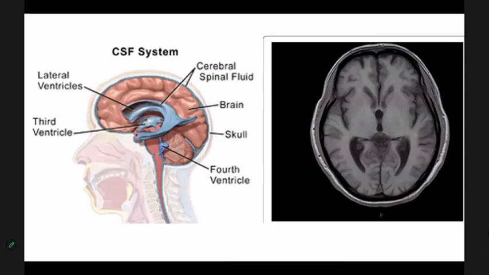Okay, madam. So the CSF is produced in the third ventricle and part of the fourth ventricle. Where do you find the choroid plexus? It's found in several places.